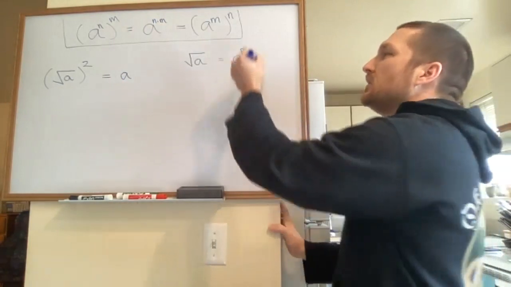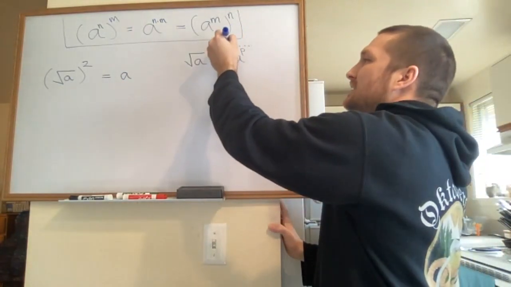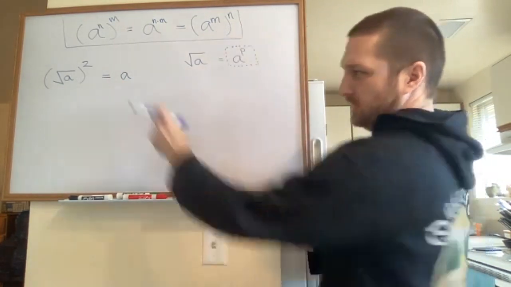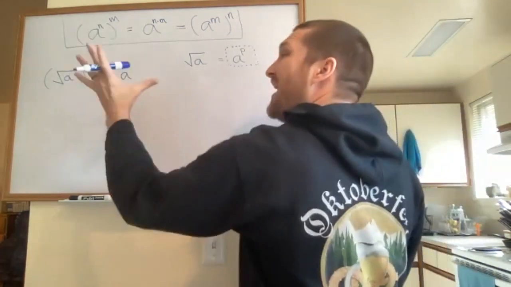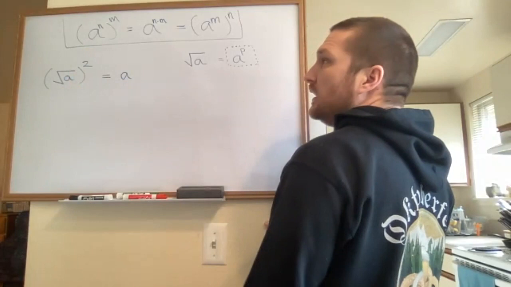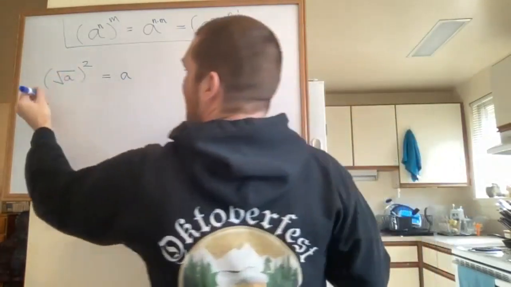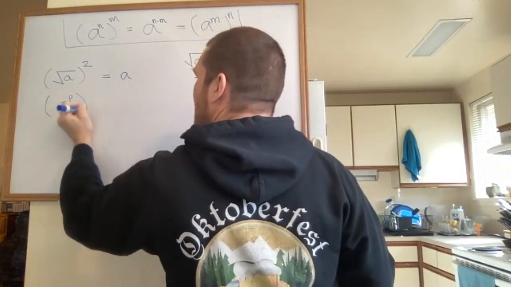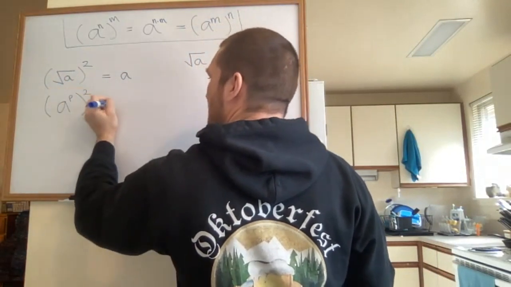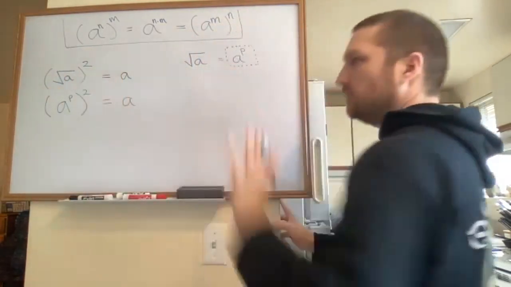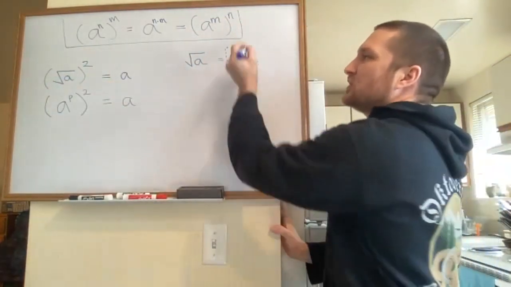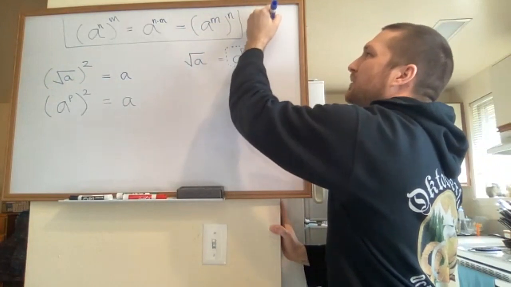So what I'm going to do is say, all right, instead of writing the square root of a in this equation, which we know has to be true, I'm going to replace this with a to this unknown power. I don't know what power that has to be, but that's what we're going to do. So basically, our game now is going to be to find whatever p is.